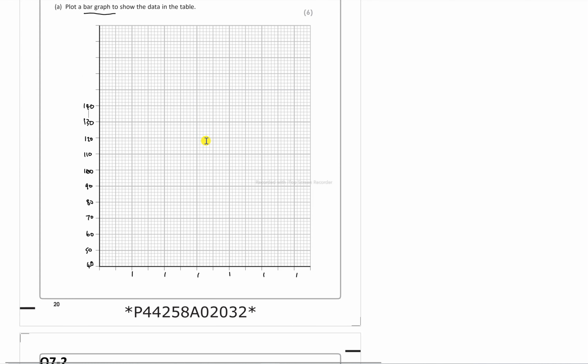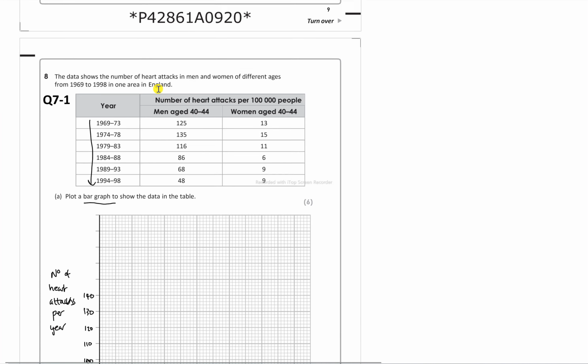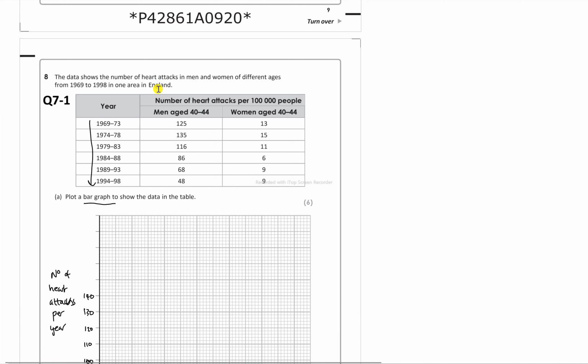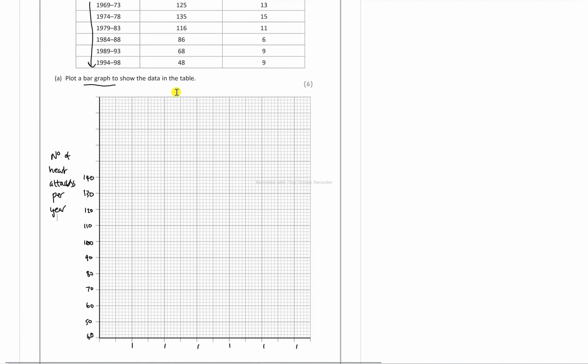Number of... okay, so we need to write up here on the y-axis, number of heart attacks per year per 100,000 people.